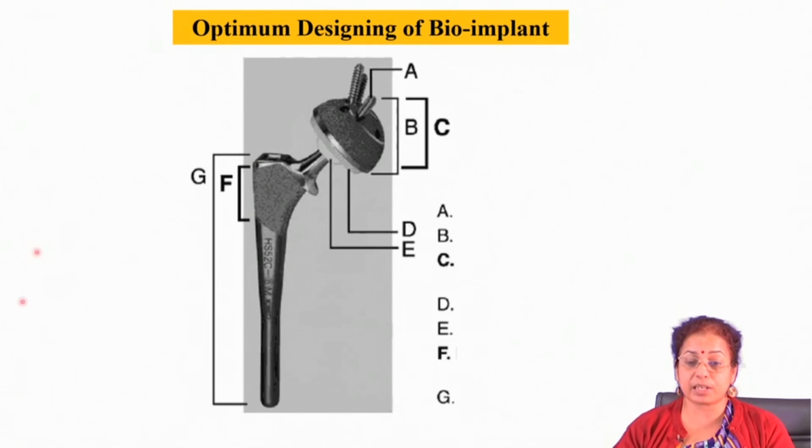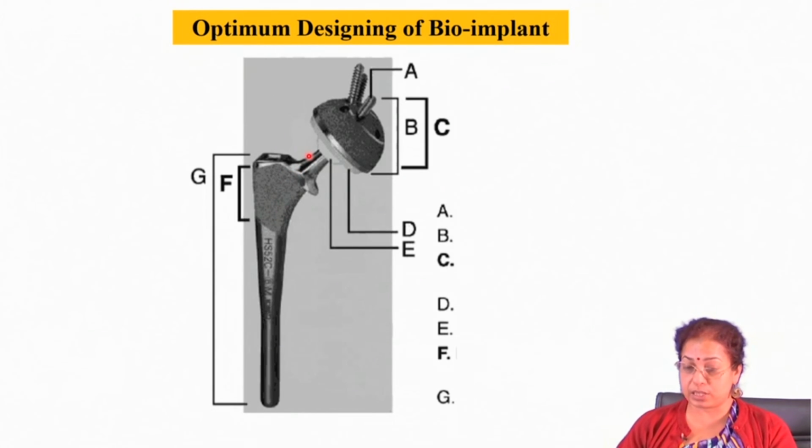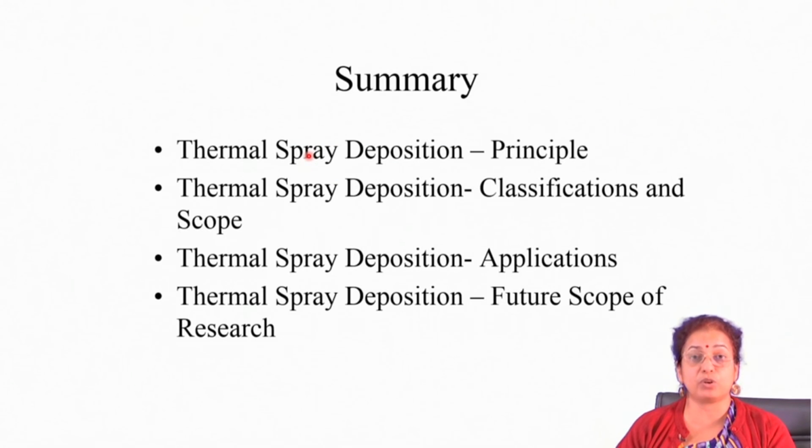So, this is a typical application of this bioactive coating in, for example, hip joint replacement, where in the stem section some part is in contact with human blood. There the cell adherence rate should be maximum. If you develop this kind of coating, naturally it will promote cell growth and the implant will succeed for a long time.